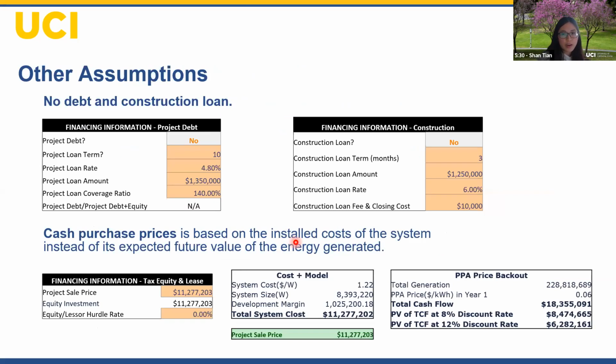The cash purchase price is based on the installed cost of the system instead of the expected future value of the energy generated. So we arrive at an $11.3 million project sale price for the PV-only system by comparing the aggregated system cost with a 10% margin to the total cumulative discounted cash flow from the system in a PPA model.